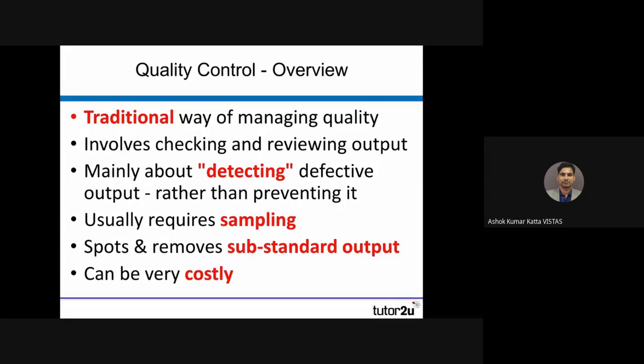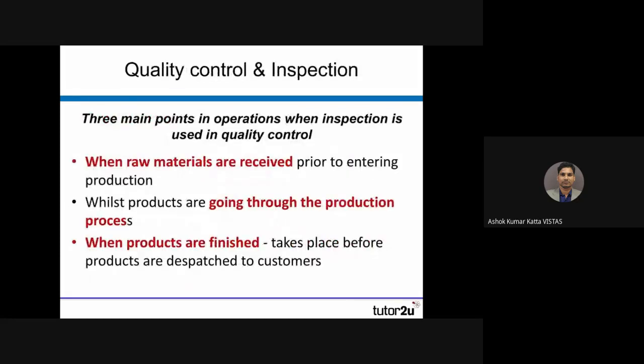But of course, what you're really trying to do is to see whether the results of the quality control checking suggest a broader issue with quality in the business. With too much sampling, too much detection, too much inspection, of course, quality control can soon become quite an expensive or costly process. Three main points in the operation when inspection is carried out. Firstly, when the inputs into the production process are received, for example, you might check the quality of the raw materials as they're received.